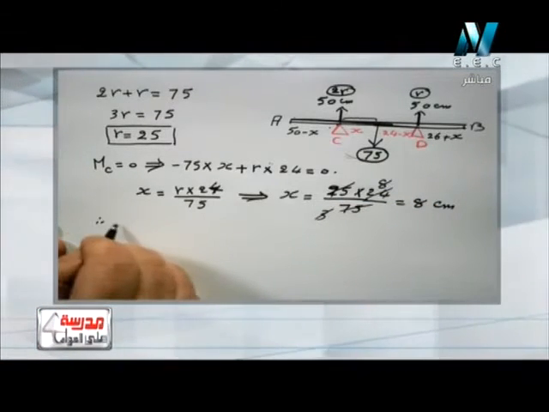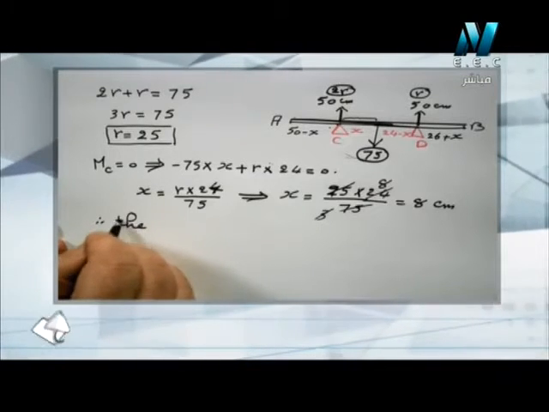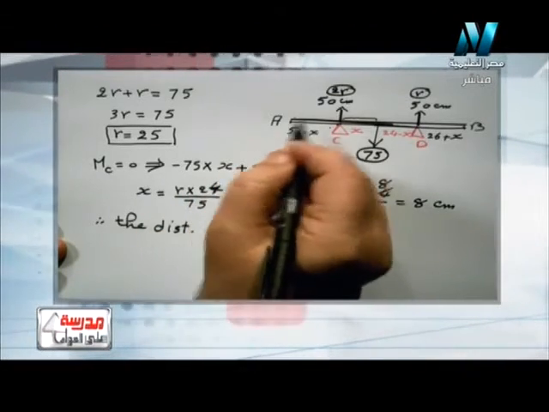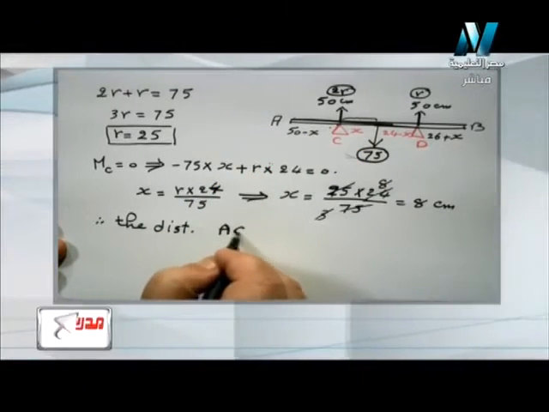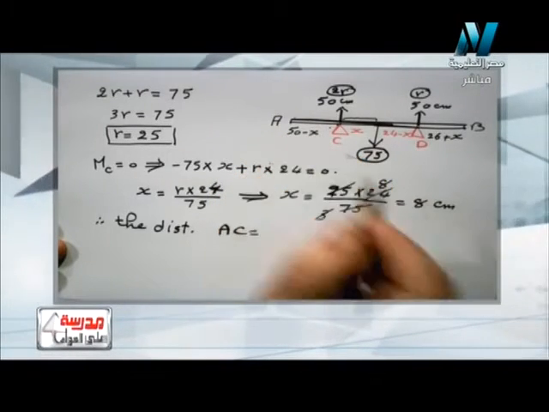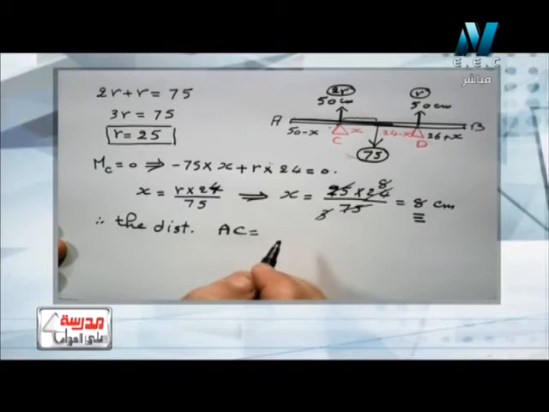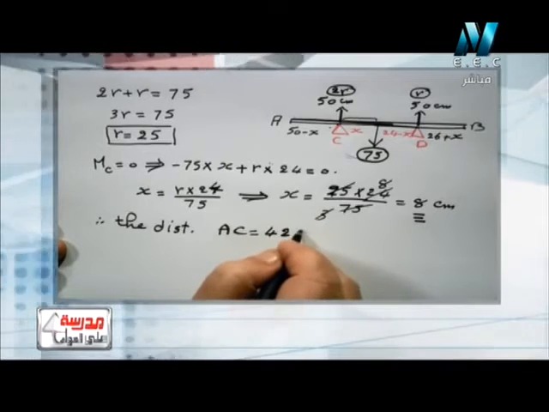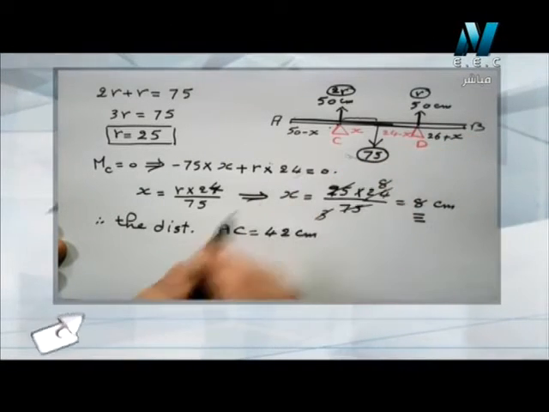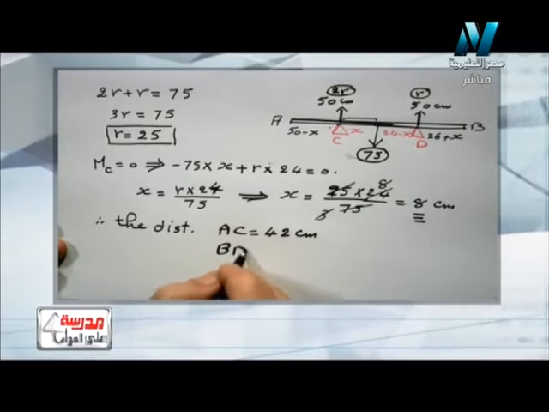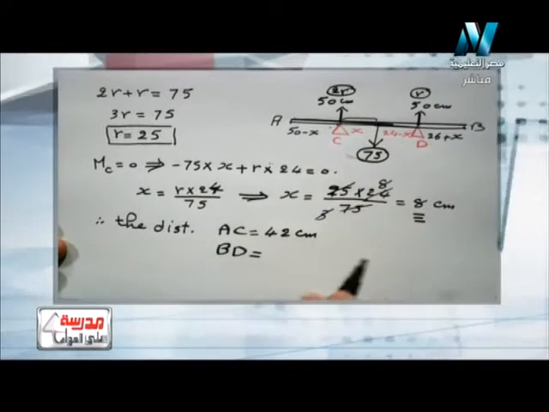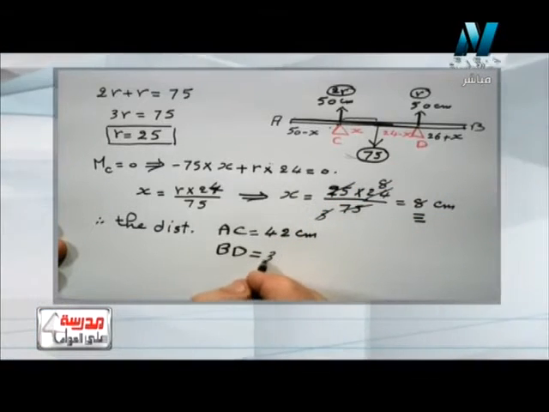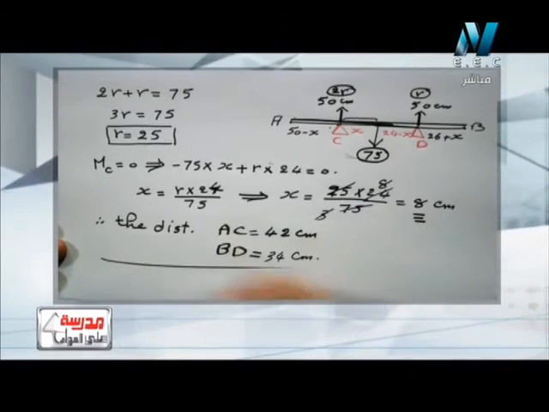Therefore, the distance، نبدأ بقى AC equal 50 minus X, and we find the X now is 8. 50 minus 8 تبقى equal 42 centimeter. And BD equal 26 plus X, and X equal 8. 26 plus 8, it is 34 centimeter. This is the final answer.